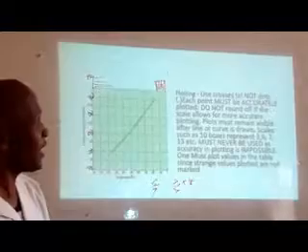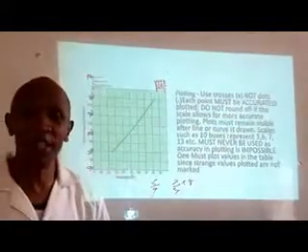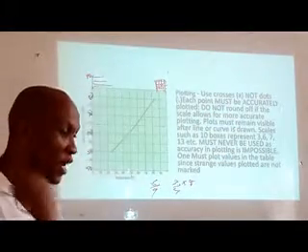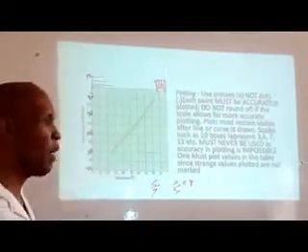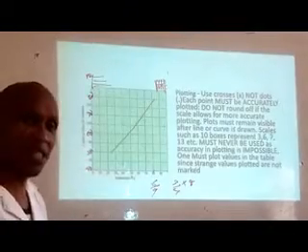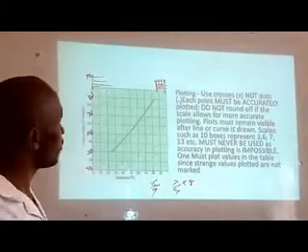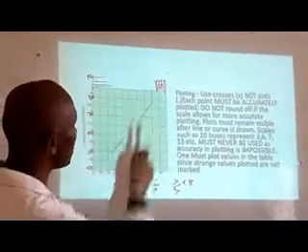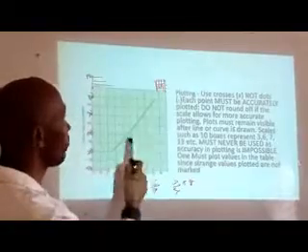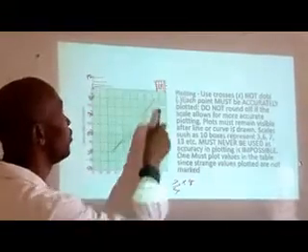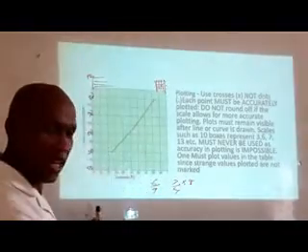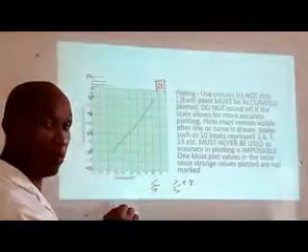Now, the other thing is that you do not round off if your scale allows. You must plot as accurately as your scale allows. For example, I'm trying to plot 83. Somebody decides, now I cannot go between the two small boxes.